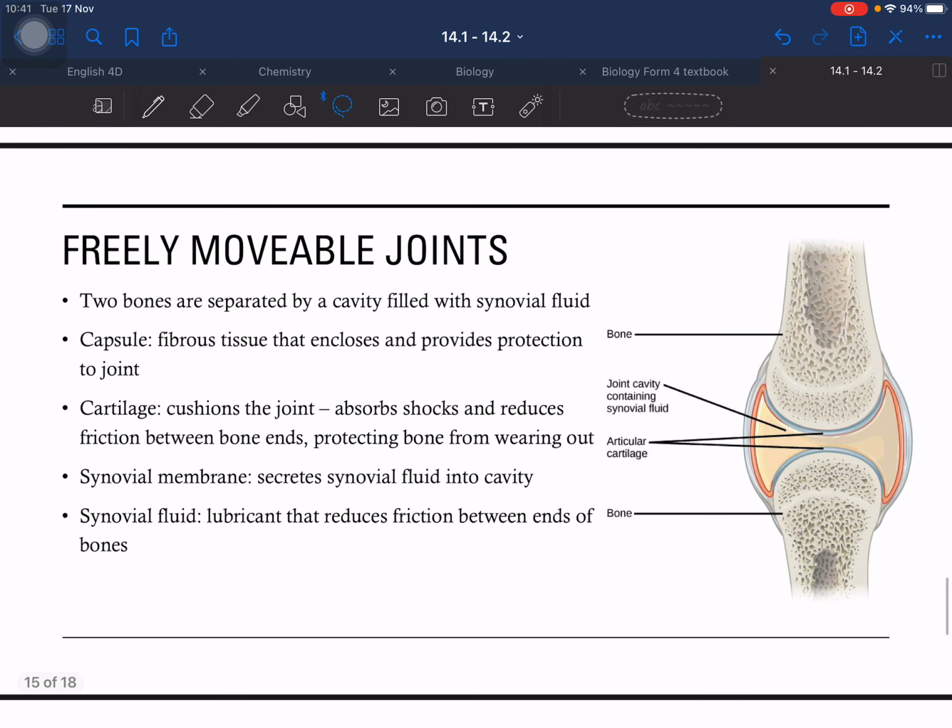So freely movable joints, they're sort of more common in different parts of the body where you are able to move freely.